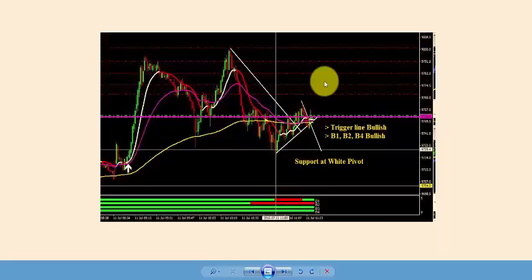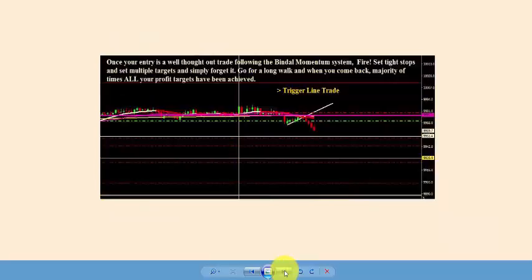Either you get stopped out with a small loss, or your targets are met and that would be massive profits. And as soon as you are in a profit, there's a good angle and separation between the trigger line and the pivots, you are raising your stop losses. So stop loss then becomes a stop profit. Okay, here again, another trade here.